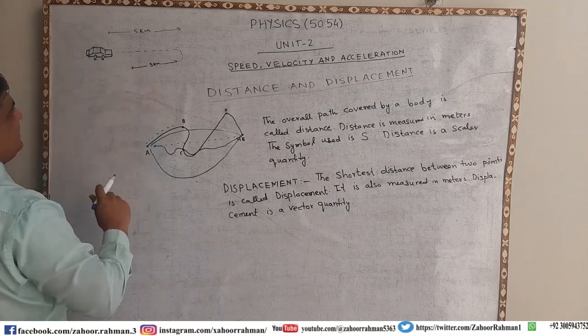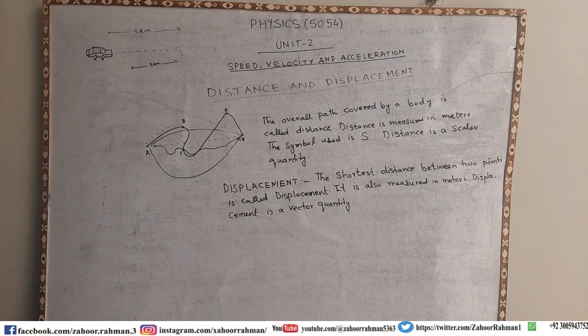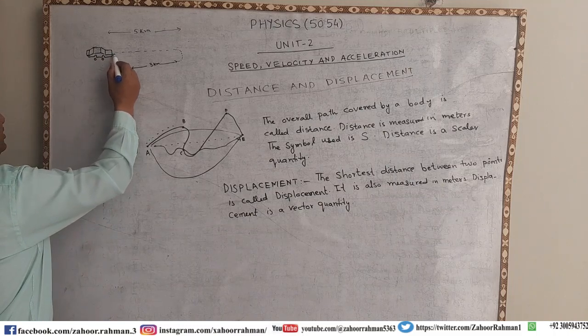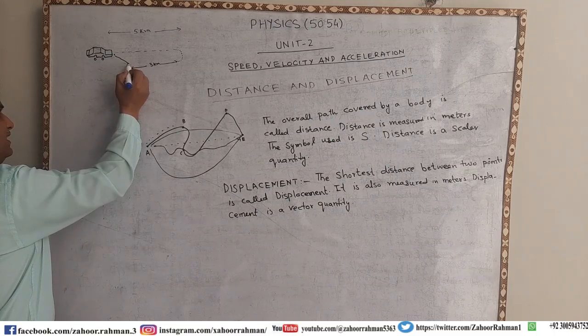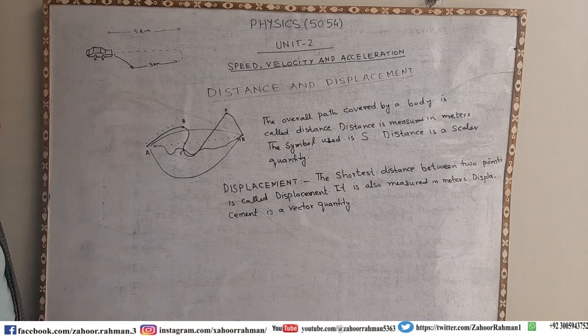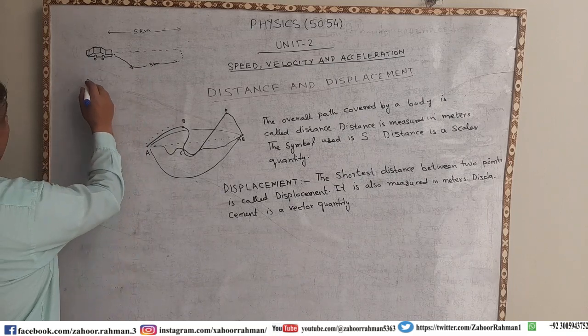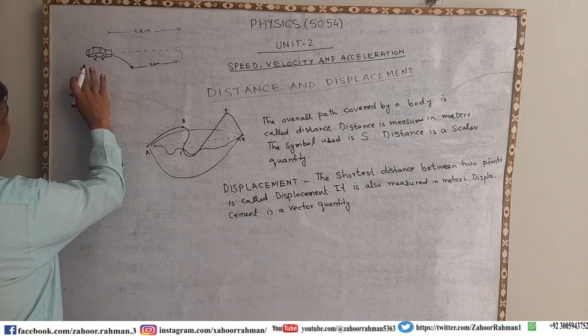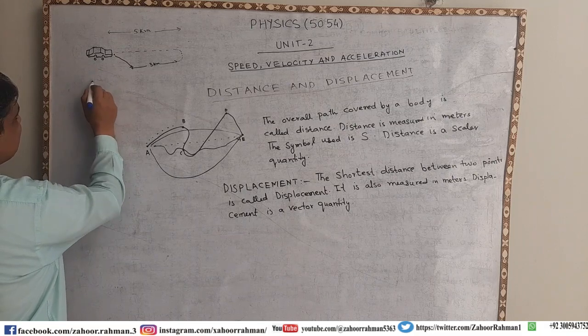So what is the displacement of this car from initial position to the final position? The shortest distance is called what? That is called displacement. So what is the distance?